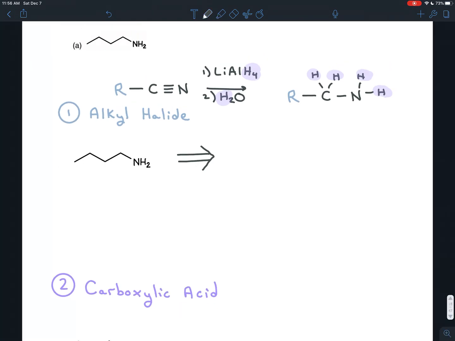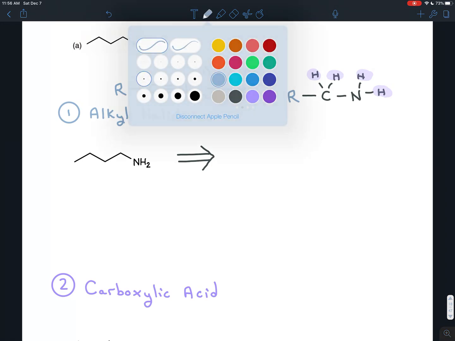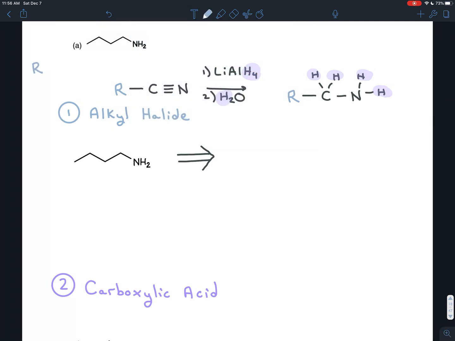The first step is to take the alkyl halide that you have and react that with a cyano nucleophile. You do an SN2 reaction, and you get a nitrile, and then you reduce the nitrile, and that gives you your amine. Now notice that in that process, you end up adding a carbon in addition to the nitrogen.